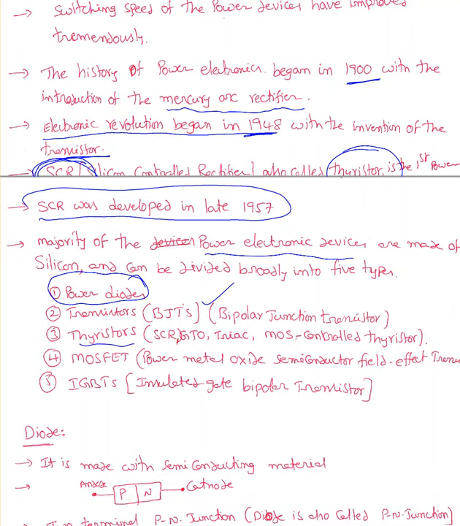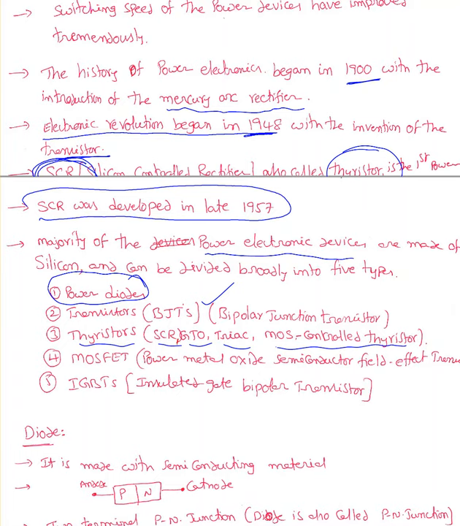Another one is thyristor. Among thyristors, there are SCRs, GTO, triac, and MOS controlled thyristors. These are the different types of thyristors. The next one is the MOSFET, metal oxide semiconductor field effect transistor, which also comes under transistor, and IGBTs, insulated gate bipolar transistors.